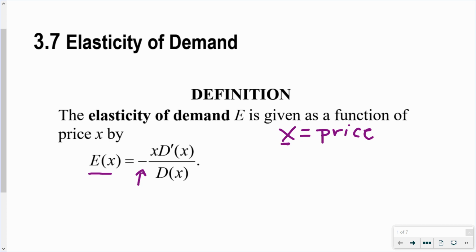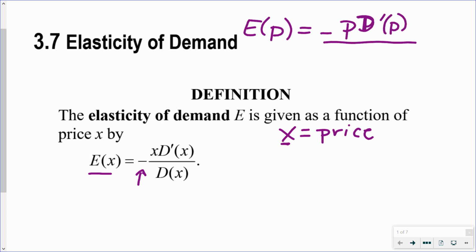So keep that in mind, because we could just as easily do E of P. Everything would be negative P times D prime of P over D of P, right? P, x, those are just your input variables.